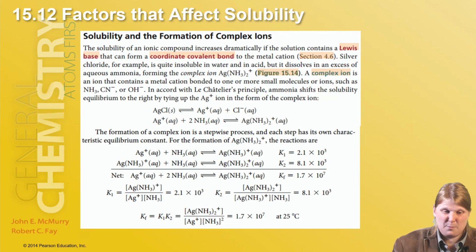Sometimes they're just called complexes. What these are is typically a metal center with things attached to it, and these things are called ligands. We'll talk about this in a future lecture, but for now we're using its formation as an example of multiple equilibria to think about Le Chatelier's principle and the common ion effect.